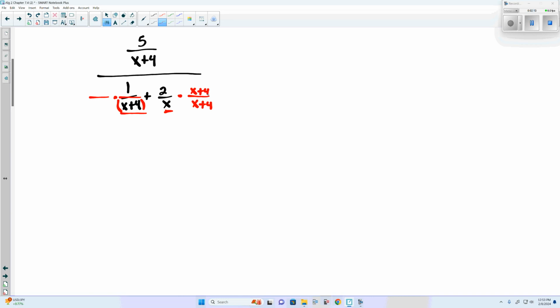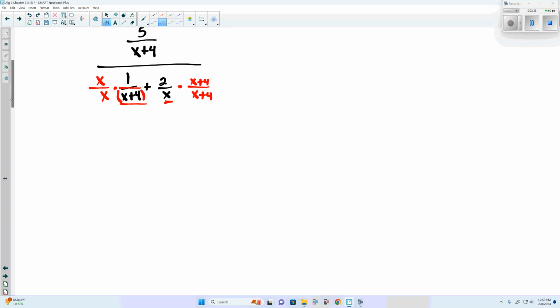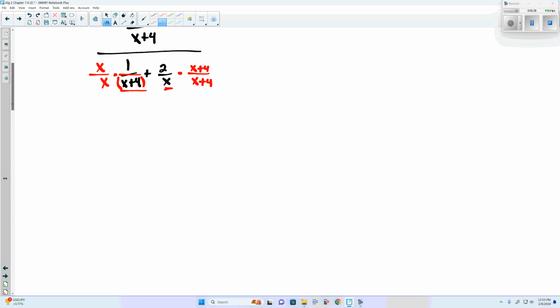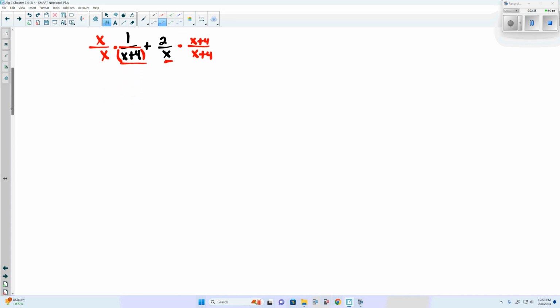Because x plus 4 and just x are two separate terms. So the right side we need to multiply on top and bottom by x plus 4, which means the left side we need to multiply by x to get them to be the same. Now our numerator is still going to be 5 over x plus 4.